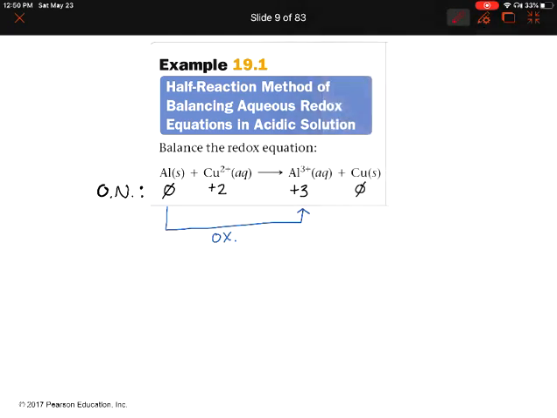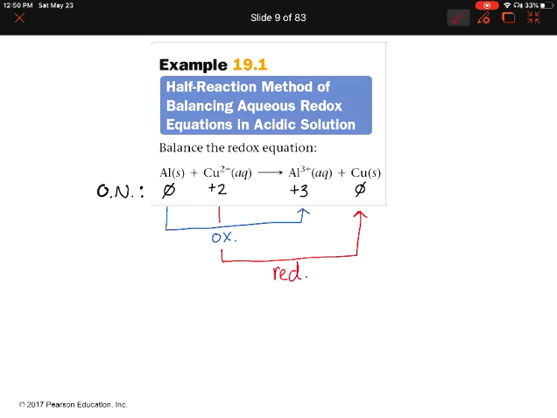Okay. And then what about copper? So copper, its oxidation number is +2, and then it becomes 0. So is copper gaining or losing electrons? Gaining. So is it oxidized or reduced? Reduced.